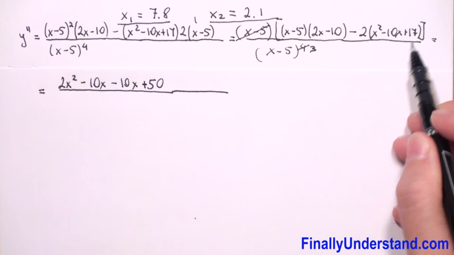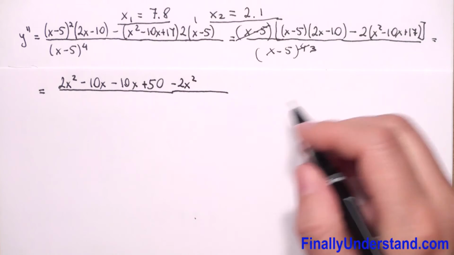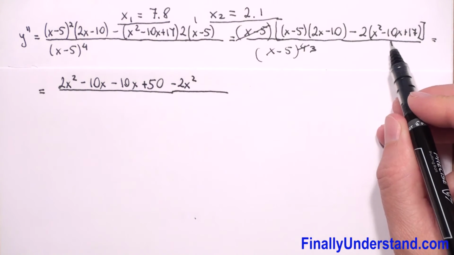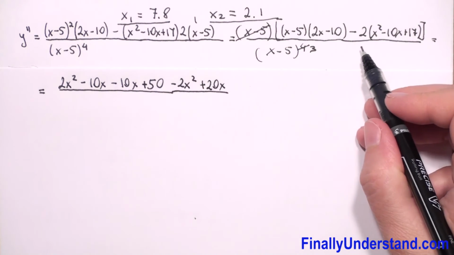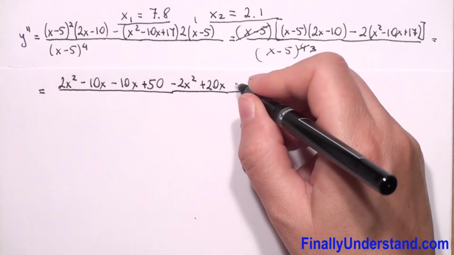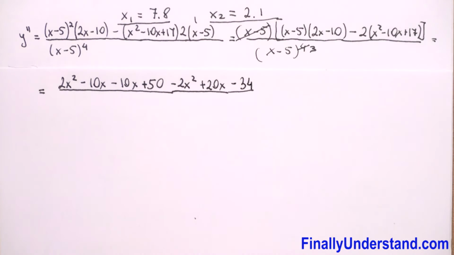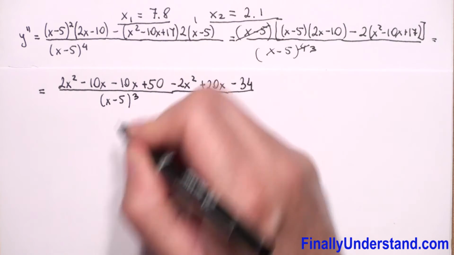expression in parentheses, so it will be negative 2x squared, negative 2 times negative 10x is positive 20x, negative 2 times positive 17 is negative 34, over x minus 5 to the 3rd power.